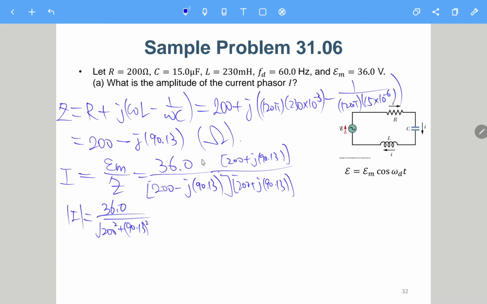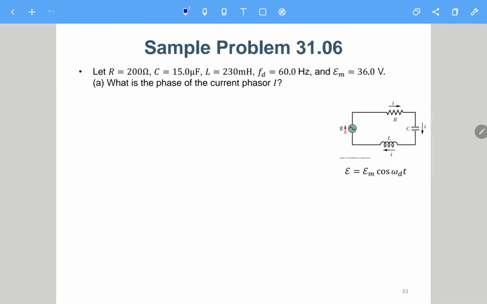You just need to find the amplitude of the denominator and the numerator, and then you divide them. Then this is the amplitude of the whole term. Okay, so this is 0.164 A. So this is the amplitude of the current phasor.